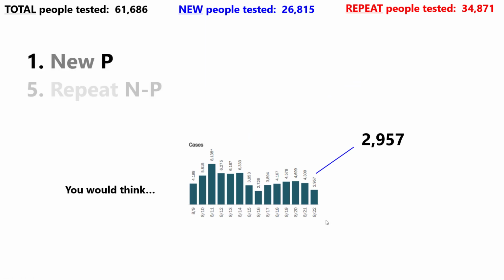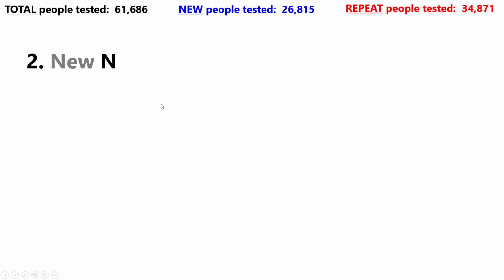So this number represents these two groups, the new positives and the people who were negative before, so they've been tested before, and now they test positive for the first time. Unfortunately, I cannot distinguish between these two. I can't say what proportion of this 2,957 were new positives versus the formerly negative but are now positives today.